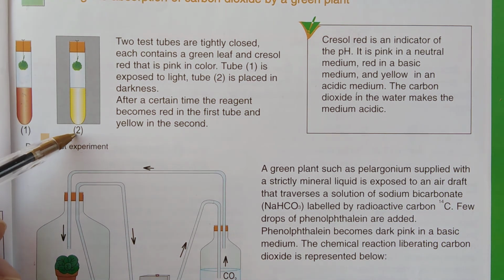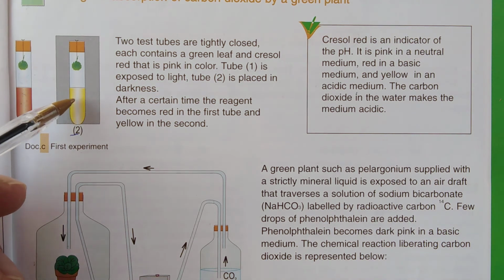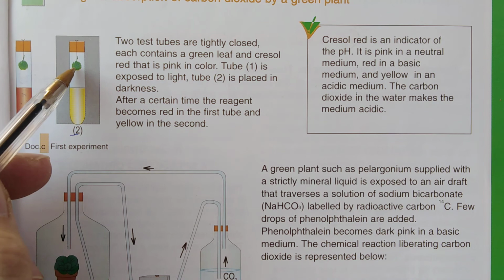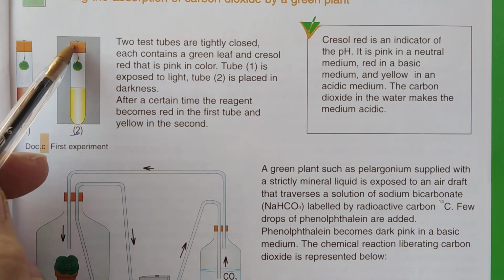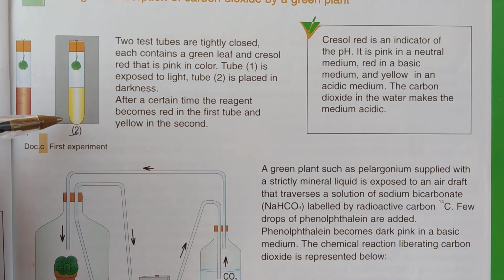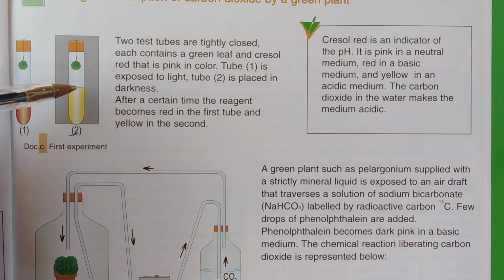However, in the second test tube containing the same setup, cresol red at the bottom of the tube with a green living plant enclosed tightly, this second tube was not exposed to light anymore. It was put in a dark opaque box, so light will not reach this tube.